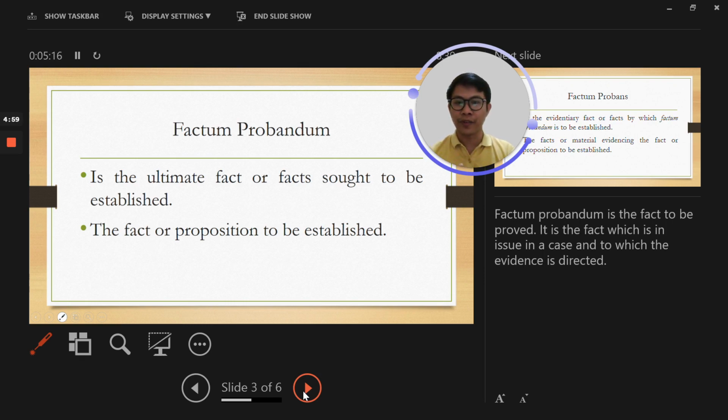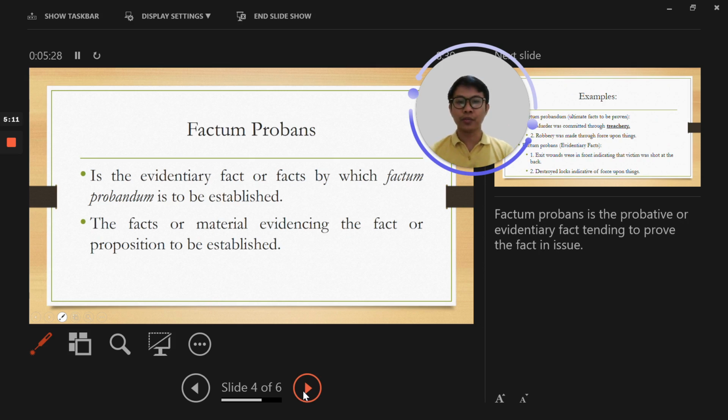Now, what is factum probans? Factum probans is the evidentiary fact or facts by which factum probandum is to be established. So, simply put, these factum probans are the facts which prove factum probandum, or the facts or material evidencing the fact or proposition to be established.